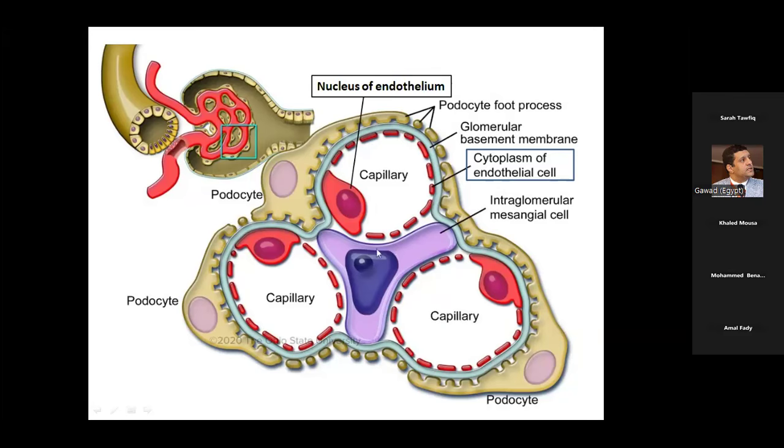The mesangium is in the center between every group of capillaries of the glomerular tuft. And the podocyte nucleus is here, from which the podocyte cytoplasm comes out, making the podocyte foot processes on the outer surface of the glomerular basement membrane.